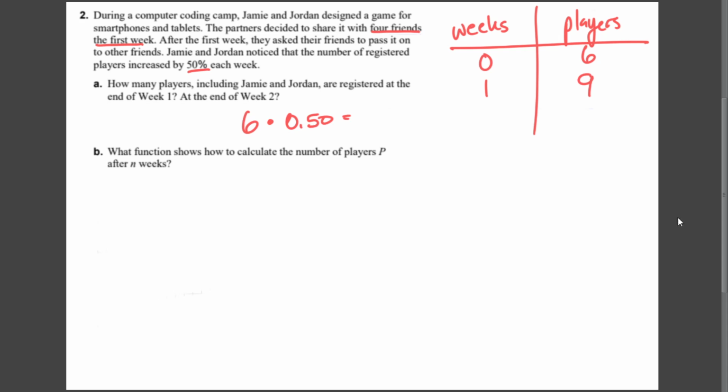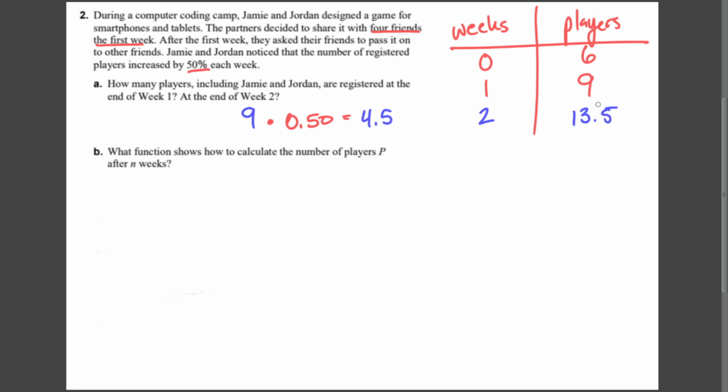For the next one, we're looking at week 2. Instead of 6 this time, we are going to be using 9, but the same process is going to happen. We're going to multiply this by 0.5. Half of 9 is going to be 4.5, which means we need to take 9 and add 4.5, so we'll have 13.5. Now, while this is the answer that we're looking for the second week, we also want to recognize that this isn't a realistic answer because you can't have half of a player.